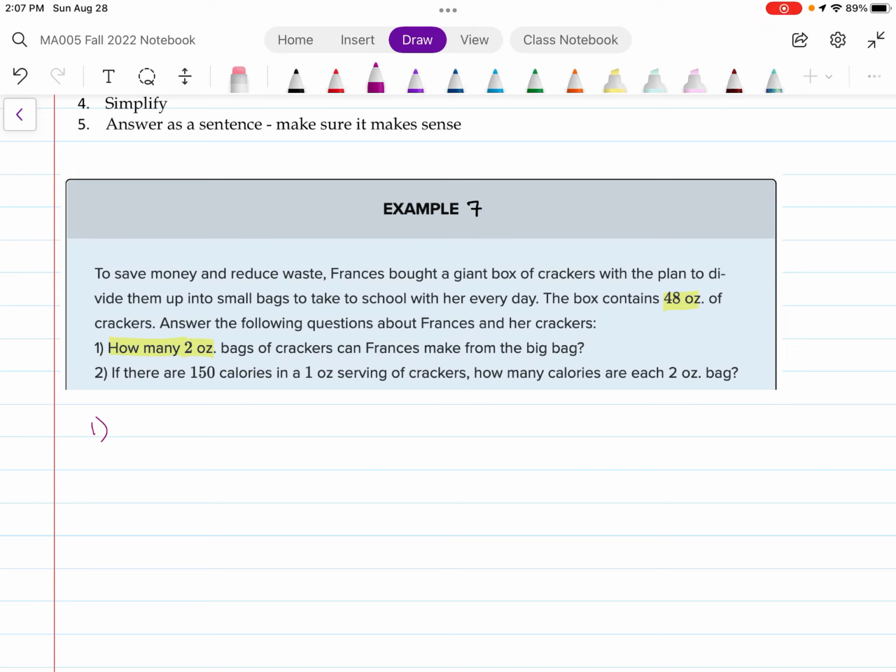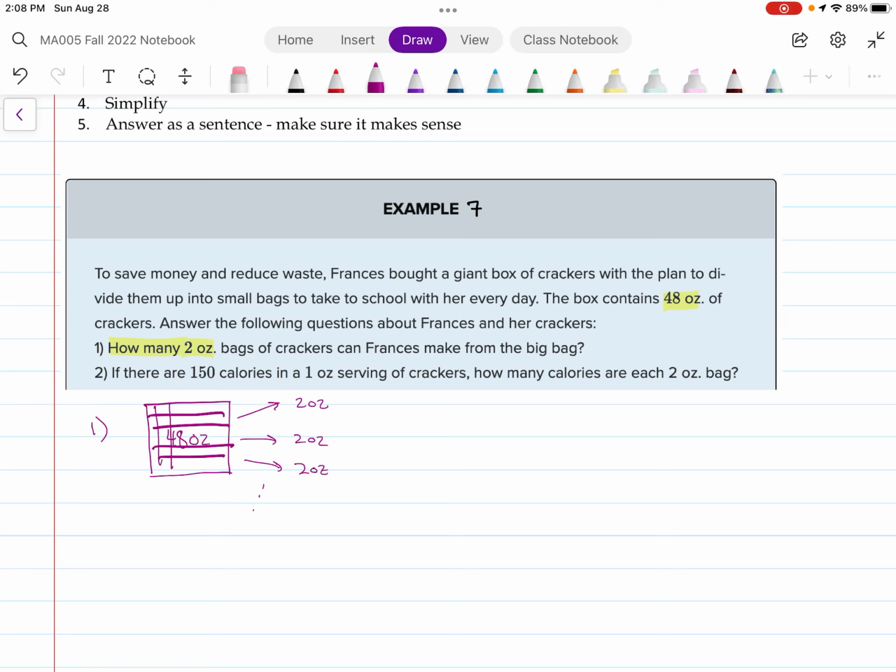So let's look at number 1. We've got this big bag that's got 48 ounces, and we want to divide it into 2-ounce containers. Now, if you look at some videos, they've got much fancier pictures, right? Where they actually divide this into 2-ounce containers.